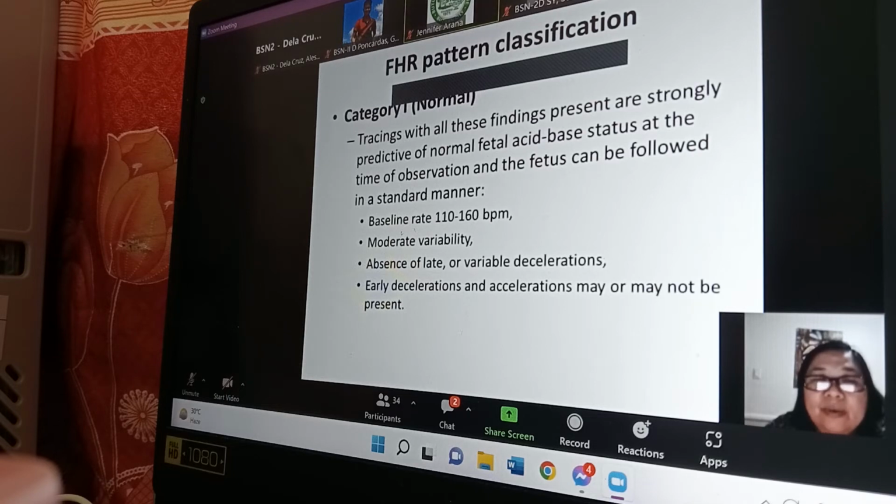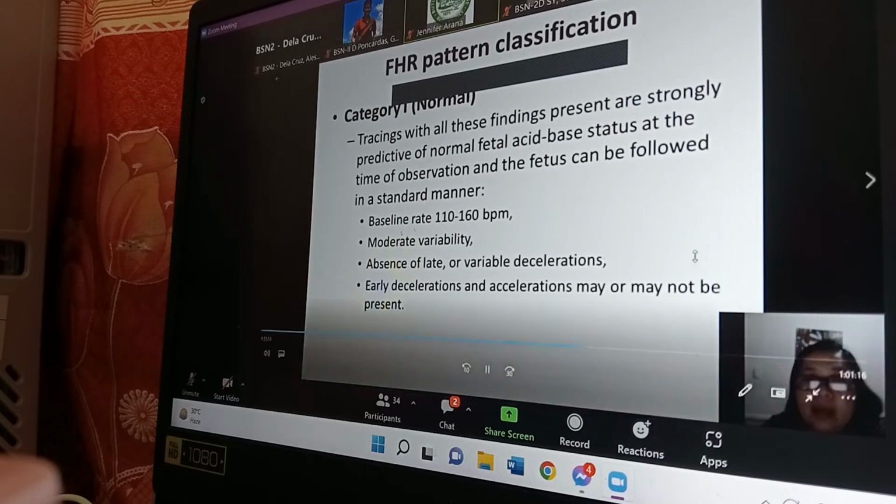So category 1 includes a baseline rate of 120 to 160 beats per minute. Sometimes you consider na 110, no? Below 110 is what needs intervention. But really, the baseline rate in a normal or average is 120 to 160.